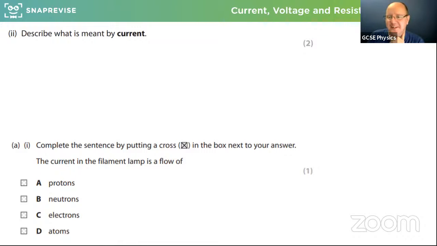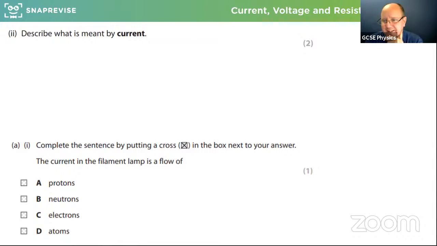So the first one, Q is just charge. Q is the letter we use to represent charge, of which the unit is the coulomb, which is capital C. So what is meant by current? We've just been talking about current, so describe what current is. What makes up a current?